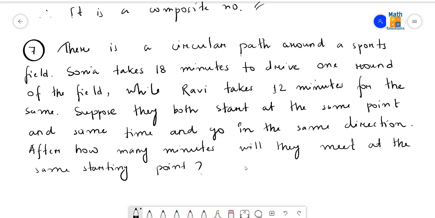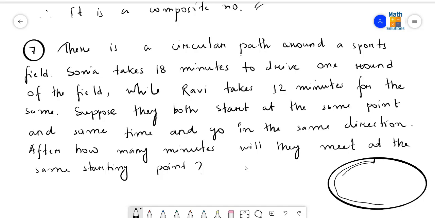So the main question here is what we have to calculate: after how many minutes will they meet at the same starting point? Suppose this is the circular path, and this is the starting point. Both are traveling from the same starting point, at the same time and in the same direction.